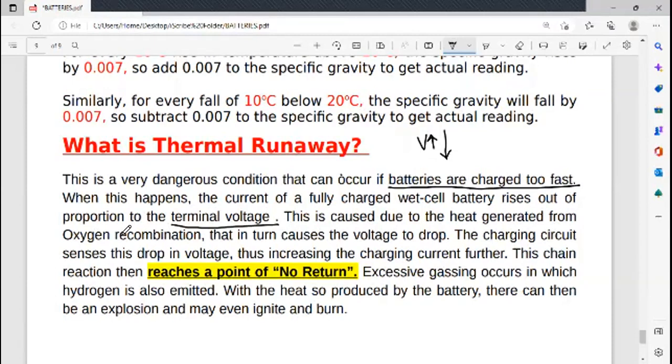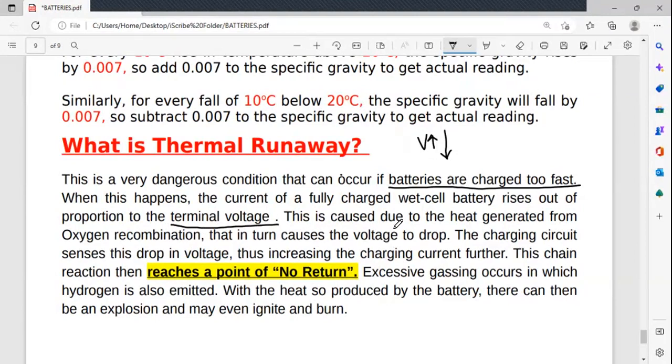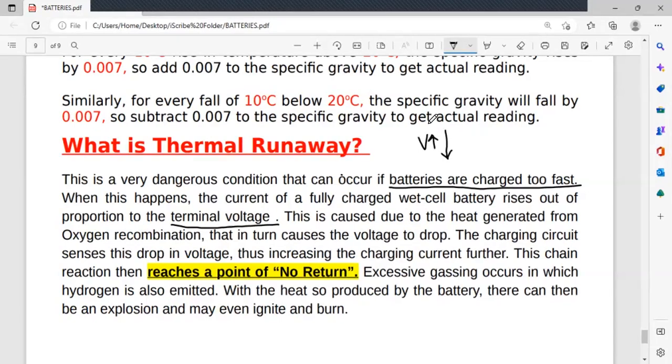Because of this recombination due to the heat generation, the voltage drops, and whatever is monitoring the voltage is saying, "Arey Baba, I am giving charge, so the voltage of your battery should increase. Instead it is falling. So let me give more current." When you're giving more charging current, it sees that instead of voltage increasing, it is decreasing further. So more charging current is given.